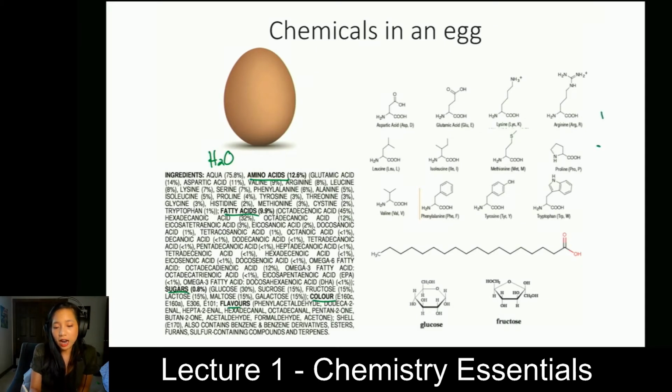And so here I have a whole bunch of the structures of all of the different chemicals that are in an egg. So you would think that an egg is as natural as it comes when we're talking about food sources. But in fact, there are chemicals inside eggs. So if you haven't gotten it yet in these first 7 slides of this lecture, everything contains chemicals, absolutely everything.